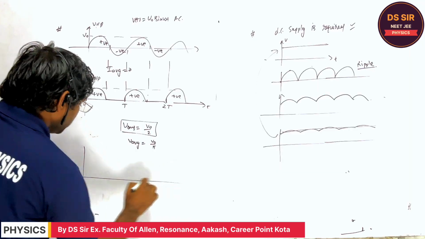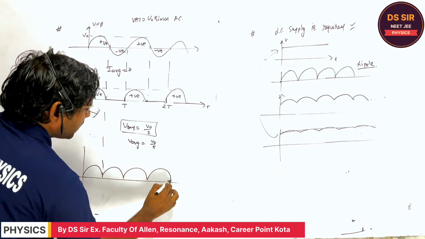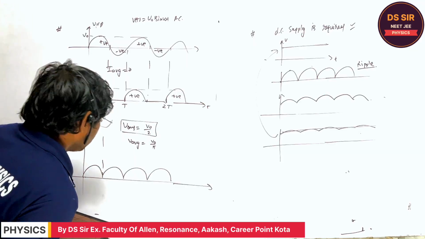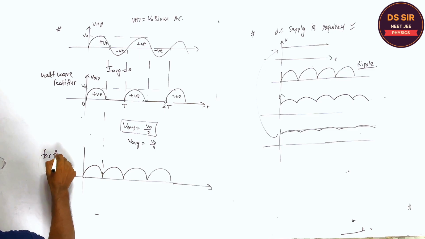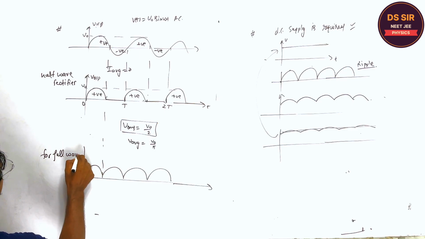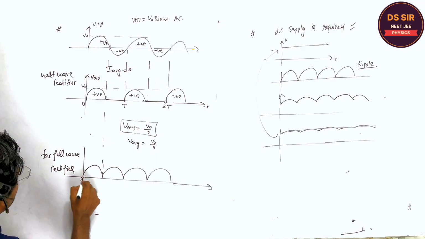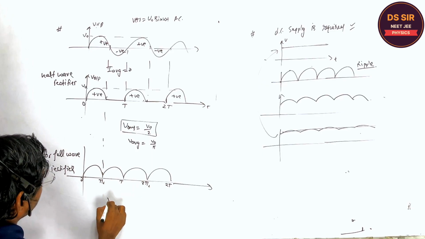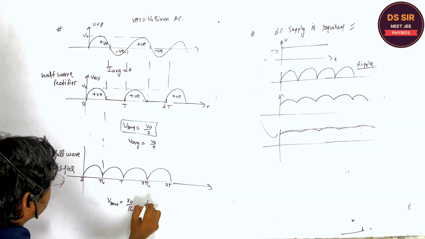Now if you consider the full wave rectifier like this, and you want to find the RMS for the full wave rectifier, with 0, T by 2, T, 3T by 2, 2T, the VRMS is V naught by root 2.